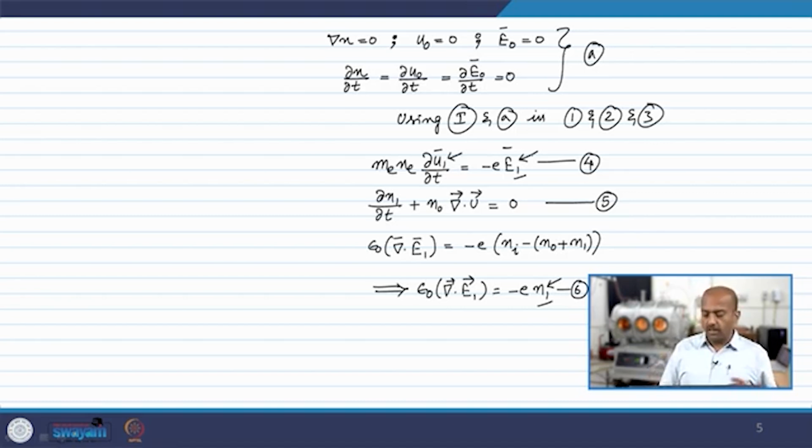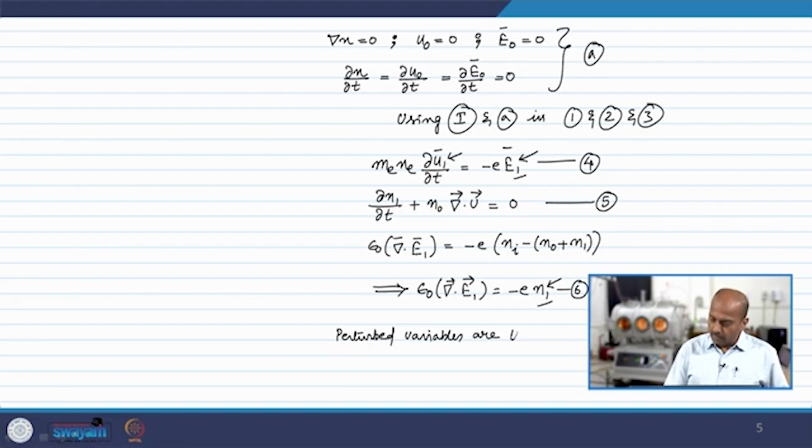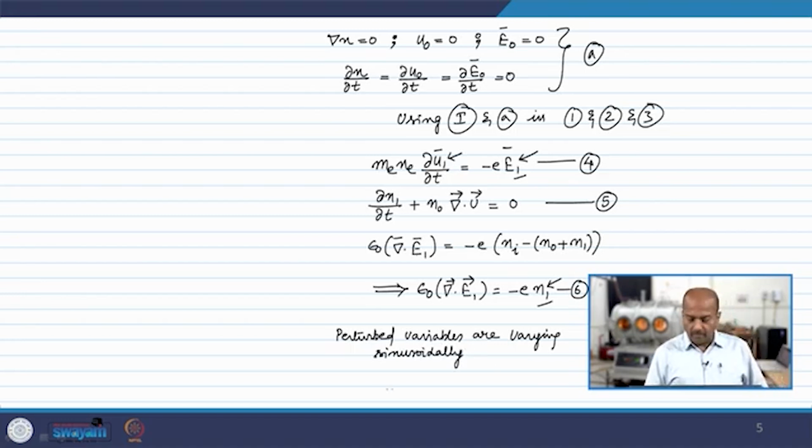Now, let us say the perturbed variables are oscillating sinusoidally. So, we say that the perturbed variables are varying sinusoidally with respect to space.